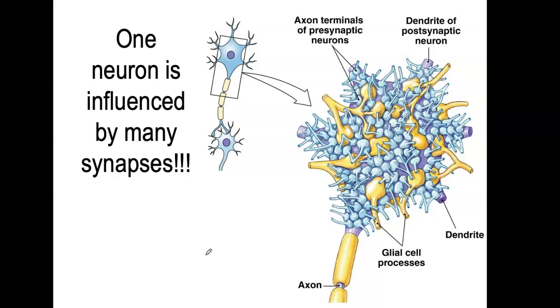Now, one neuron really is influenced by many synapses. You know, we look at one like this, but really you could have these many axons, axon terminals of the presynaptic neuron, of these. You have hundreds of these that are all feeding in to this one cell body here, not just two little spots here, but many spots here. And on top of that, there'll be some glial cells.